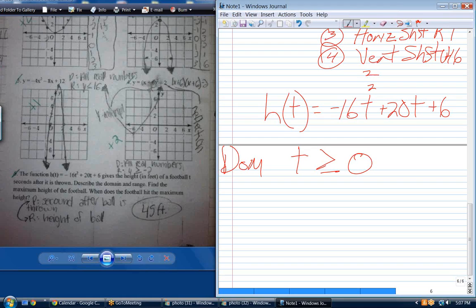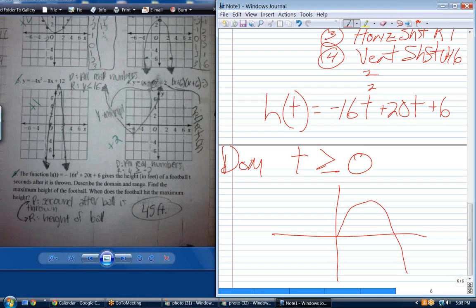So, what's the range? We know that by this negative sign in front of the 16, it's a parabola that's going to open down. So it'd be y is less than or equal to negative 16. How'd you get that? You put it into minus b over 2a? Oh, not yet. Okay.